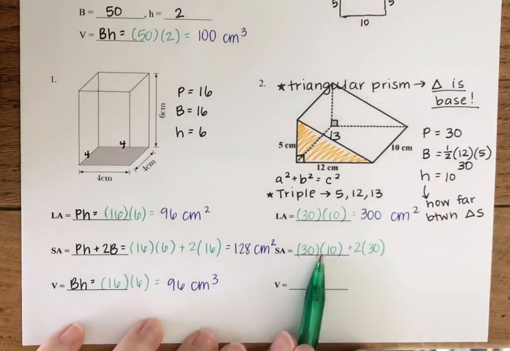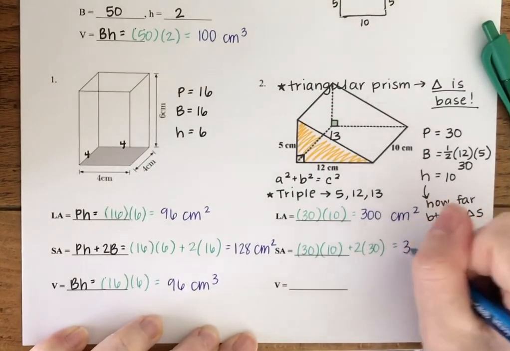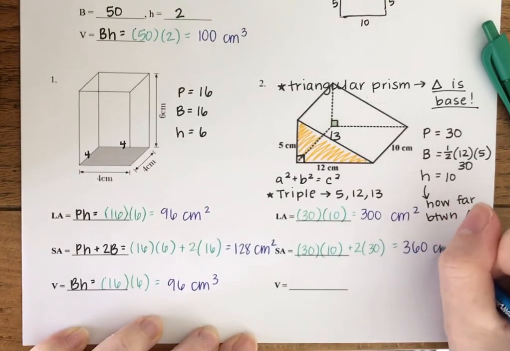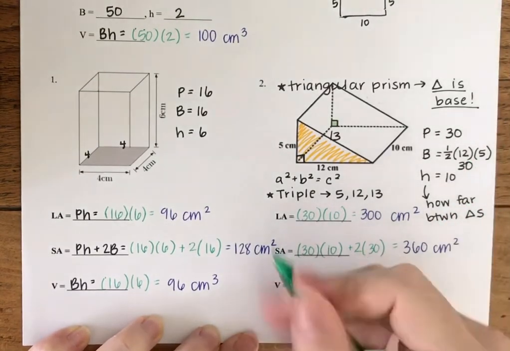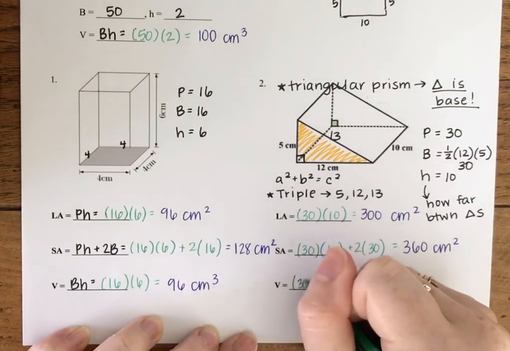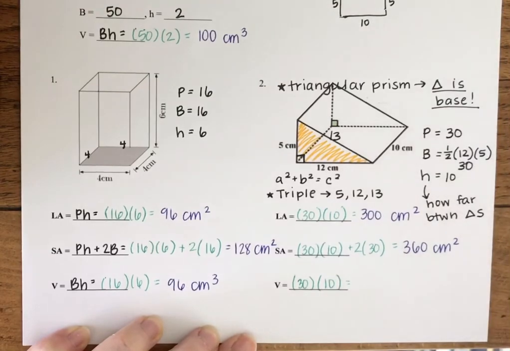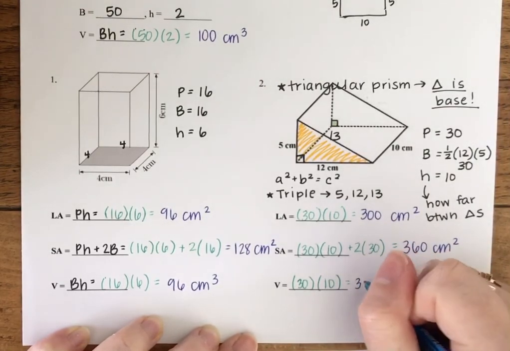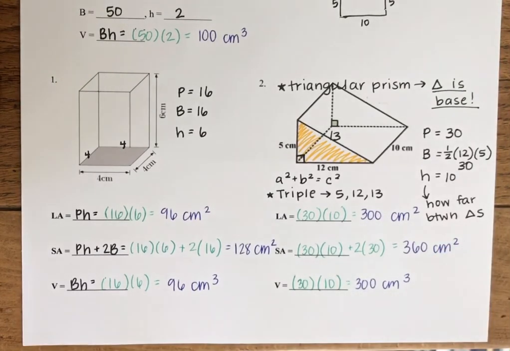So let's see, that would be 300 plus 60, 360 centimeters squared. And then for volume, it is capital B, which is 30, times height, which is 10. That will also give me 300 centimeters cubed since it is volume. And that is the surface area and volume of prisms.